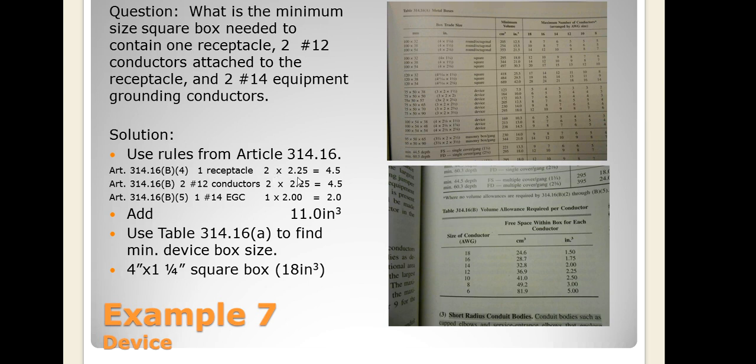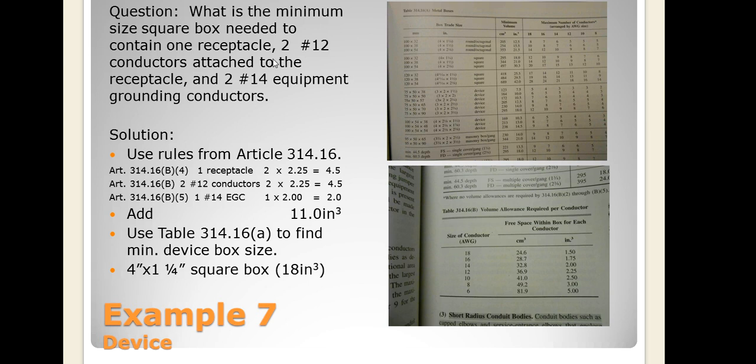The largest conductor connected to it in this case is a number 12 that gets a volume allowance of 2 1/4, times the double volume allowance, you get 4 1/2, and there are 2 number 12 conductors. You make that calculation. The EGCs get the size of the largest EGC in the box, which is a number 14. That gets a count of times 1, which is 2. And when you add them up, you get 11 cubic inches.